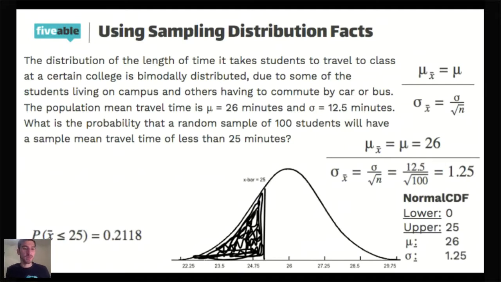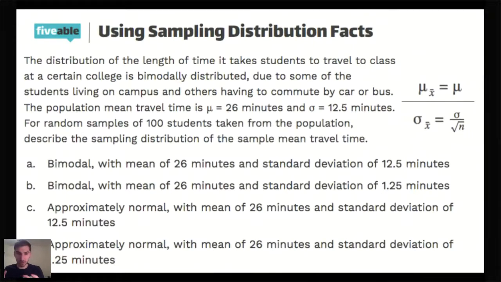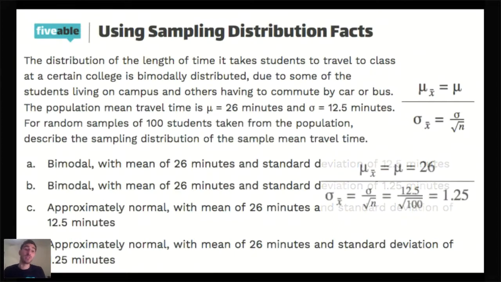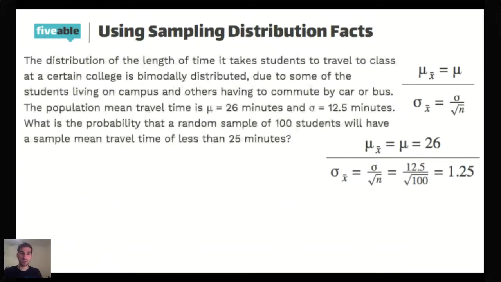Okay, so that's a couple of sample problems that use sampling distributions. The most common multiple choice problems ask you to do things like we did back here, where you're picking out what the actual shape is going to be, or what the description would be. Free response settings sometimes ask you to just describe the sampling distribution.